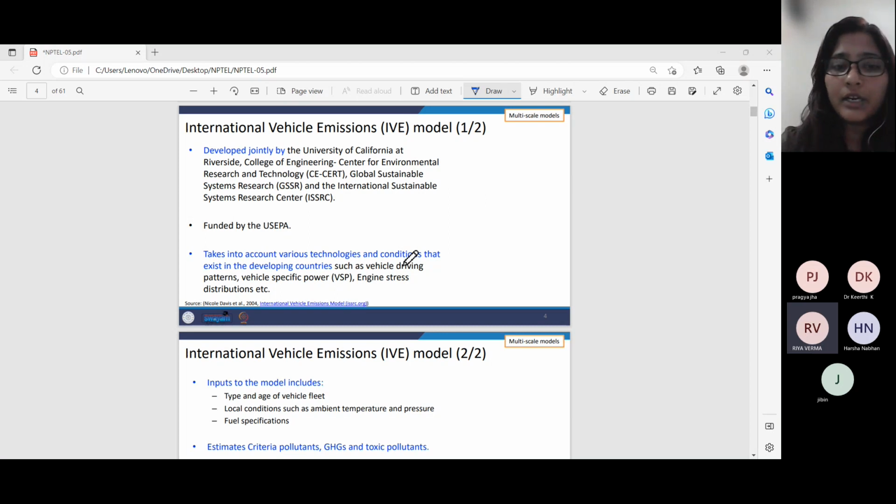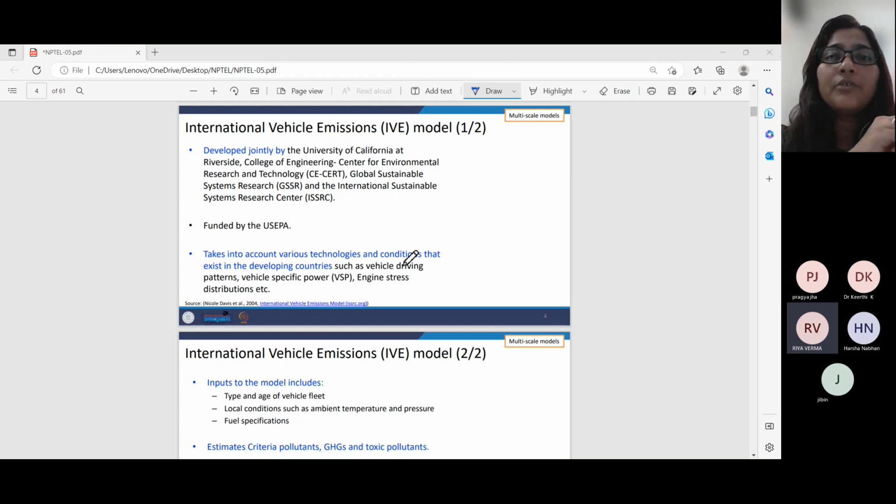And also the local conditions such as ambient temperature and pressure, as we have studied in the previous lectures, for example the temperature gradient or the lapse rate, and the pressure in the environment affect the rate of emissions, and also the deposition of the pollutants in the atmosphere. Next is your fuel specifications.